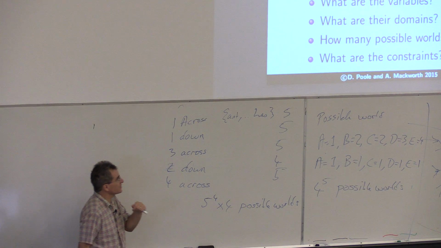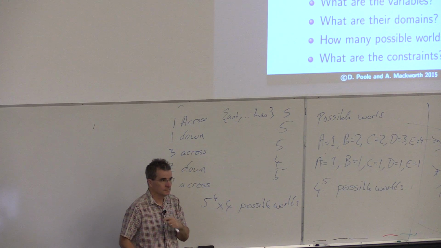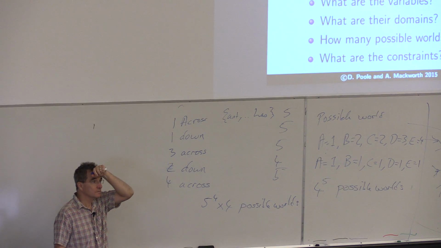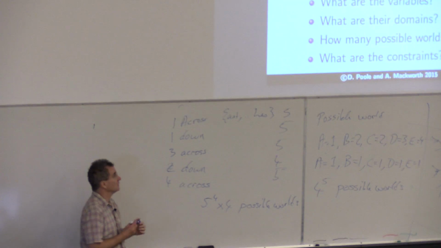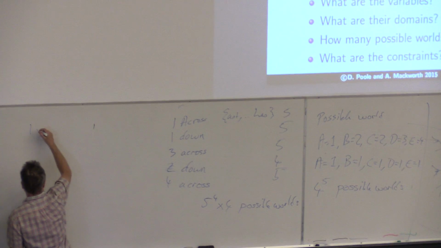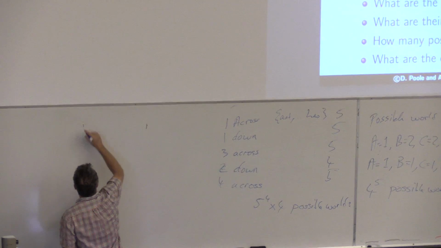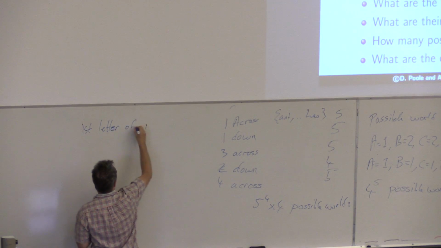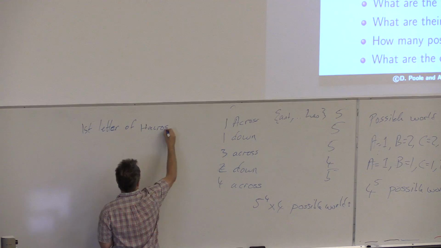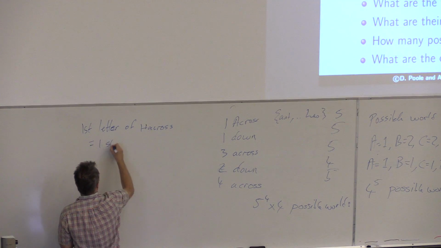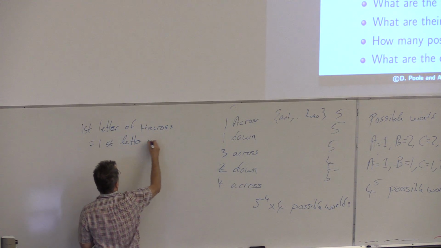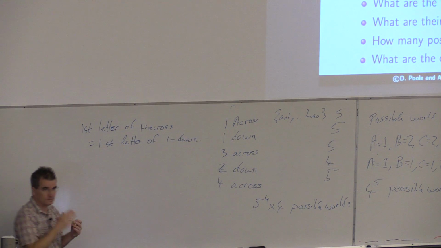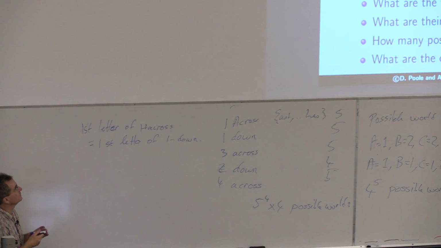So what are the constraints in here? Right, so 1 across: the first letter of 1 across equals the first letter of 1 down. What's another constraint?